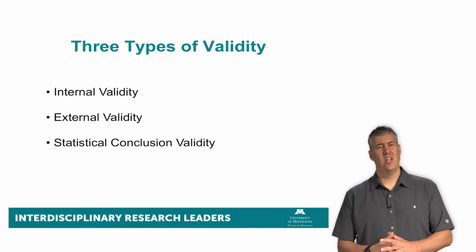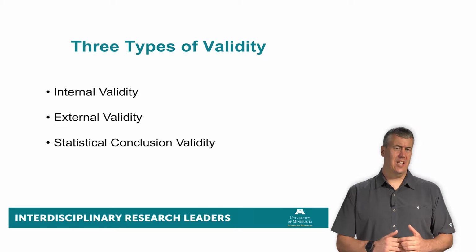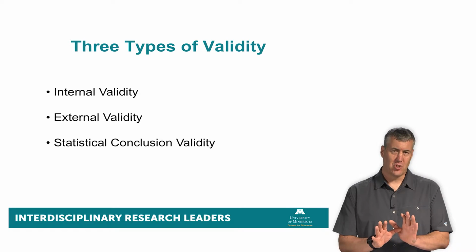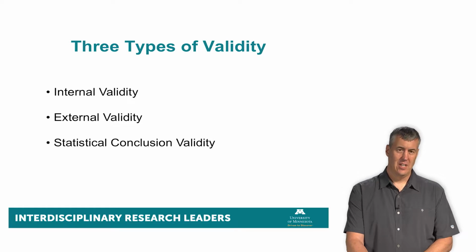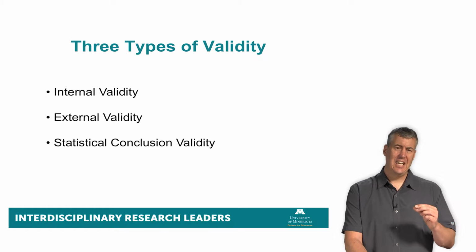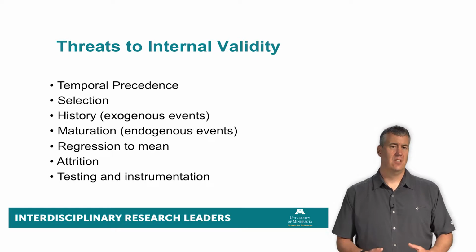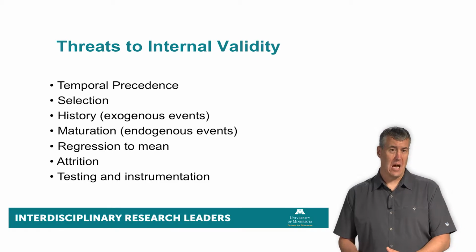There's all kinds of things we could worry about here: internal validity, external validity, statistical validity, and so many other kinds of validity. I want to just focus on a few for the point of this little mini online course. Here are some threats to internal validity, that is, getting the answer right. Temporal precedence: does the intervention happen before the outcome?